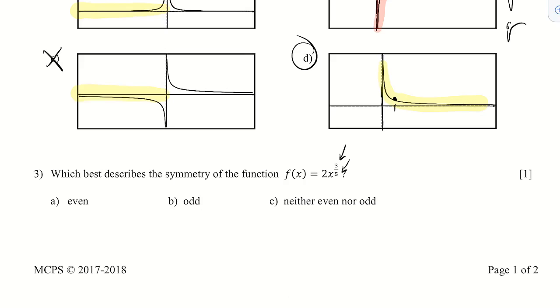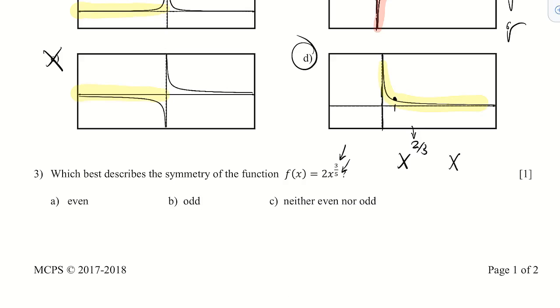But if the numerator was even or the denominator was even, then things change depending on the value. For example, if I have 2/3, this 2 actually makes that x a positive value, so it makes it an even function.